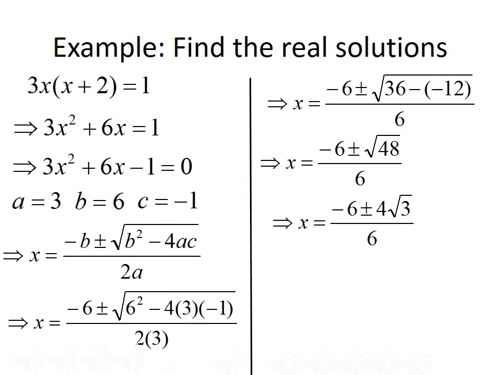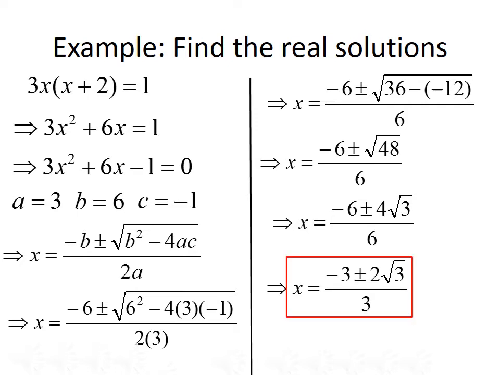The square root of 48 can be rewritten as 4 times the square root of 3, so we'll have negative 6 plus or minus 4 times the square root of 3, all over 6. And finally, we can simplify the fraction by canceling a 2 from each term. This leads us to negative 3 plus or minus 2 times the square root of 3 all over 3. And that will be our set of solutions.